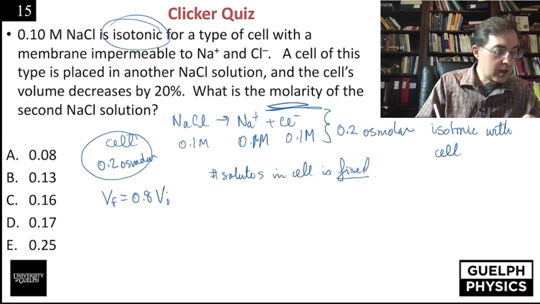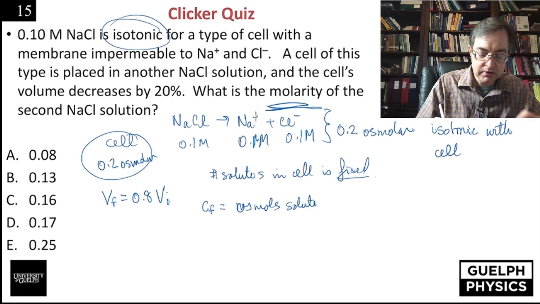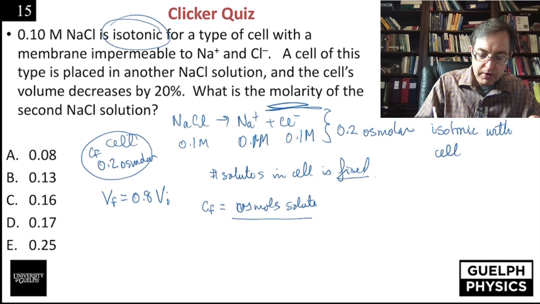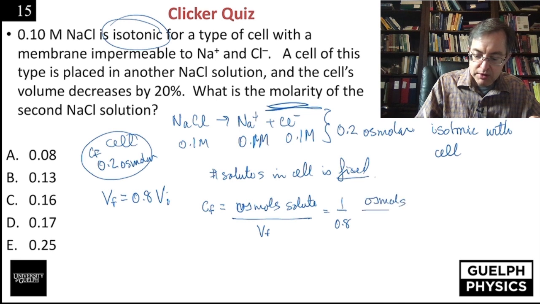And so then the final concentration is just the osmoles of solute, which is fixed inside the cell, that's the final concentration, CF, in the cell, divided by the final volume, which is 1 over 0.8 times the number of osmoles of solute in the cell divided by the initial volume.